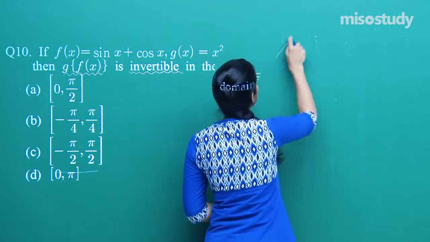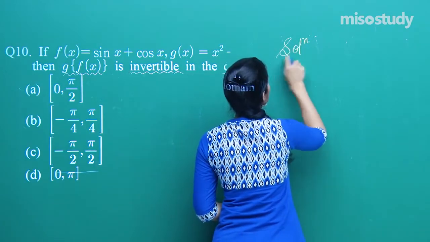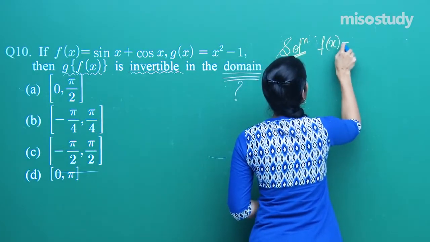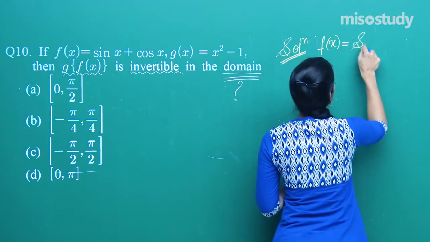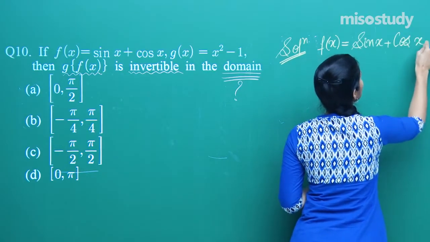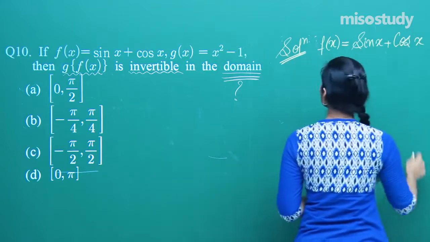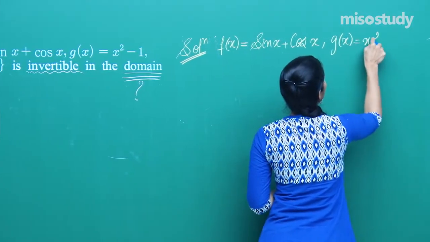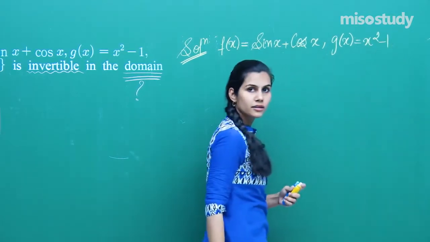You are given f(x) equals sin x plus cos x. And you are given g(x) to be x square minus 1.